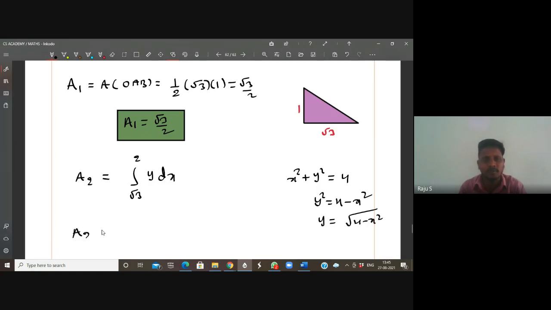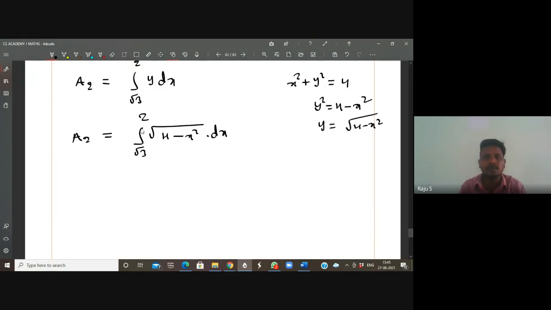Substitute this y value: integral root 3 to 2 of root over 4 minus x square dx. Then simplify this, you'll get A2.